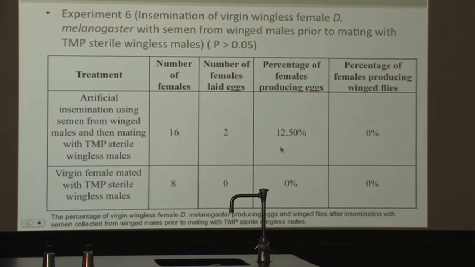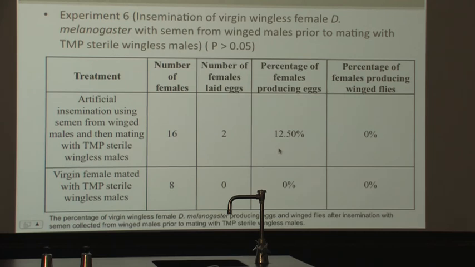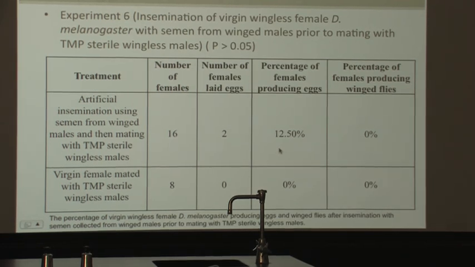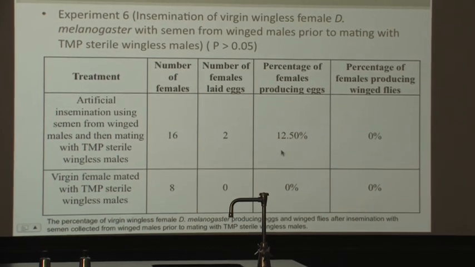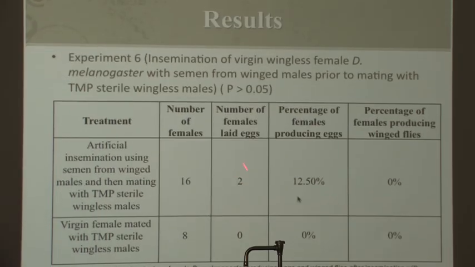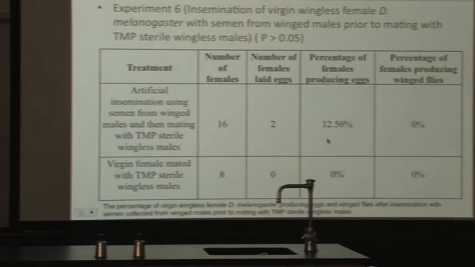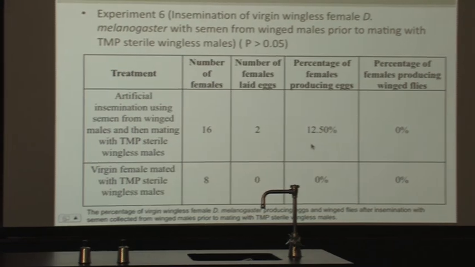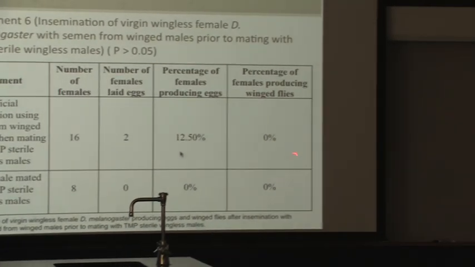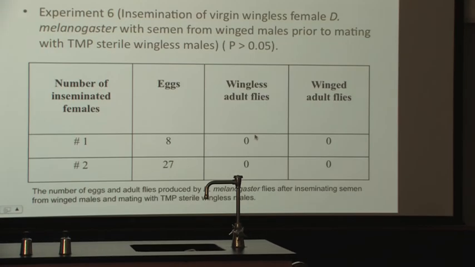The next experiment, experiment 6, shows the percentage of virgin females that produce eggs and white-eyed flies after insemination with semen collected from the white-eyed male prior to mating with TMP sterile white-eyed males. Even though we can get some females laying eggs from these treatments, we cannot get any white-eyed flies in either treatment.